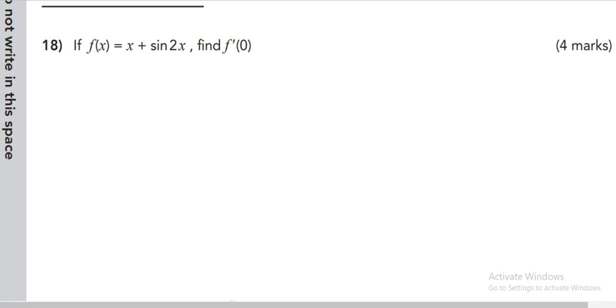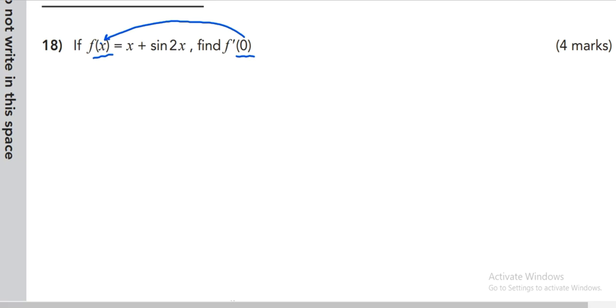Question 18. If f of x equals x plus sine 2x, find f dash of 0. As we can see here, he put x between brackets, and here he put 0 between brackets. So it means we have to put 0 in the place of x. But the question is, in which expression?